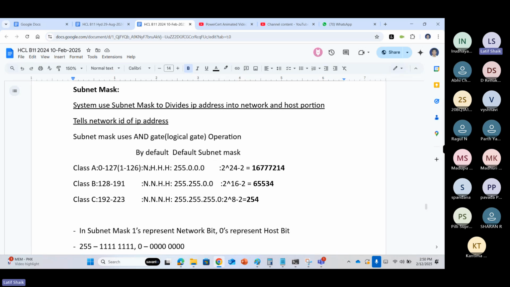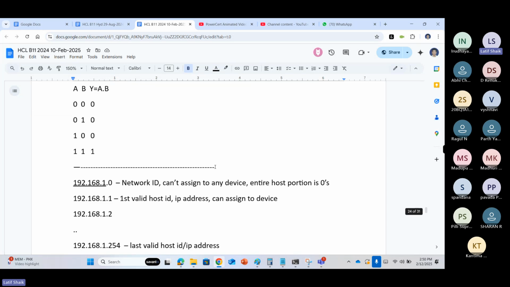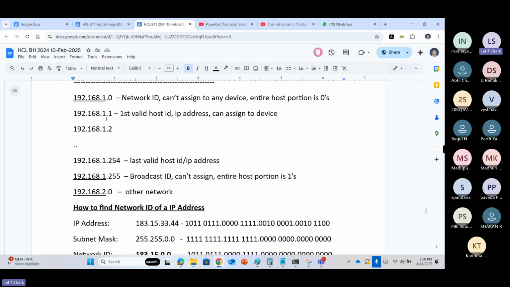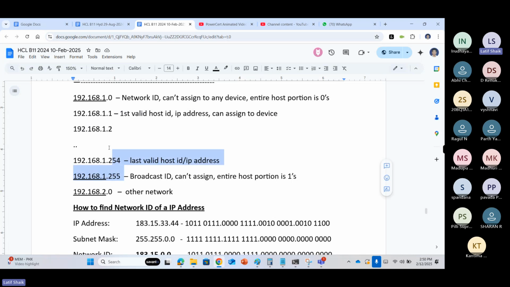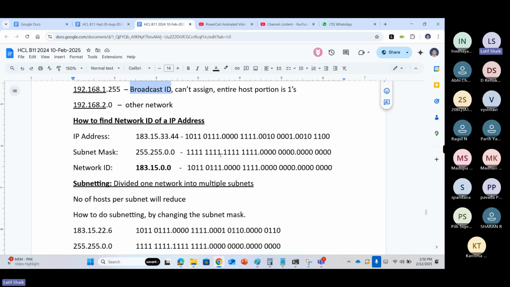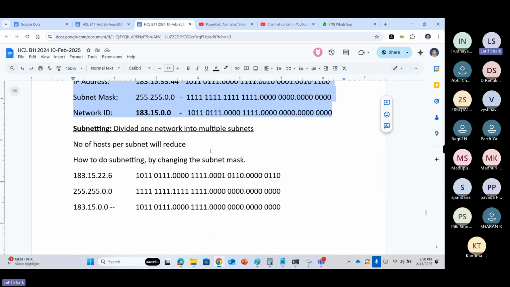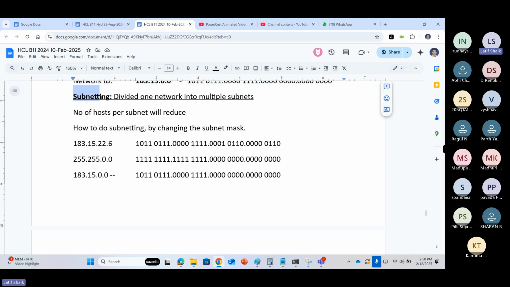Same network portion means two devices will communicate with each other. We also covered how the complete range of IP addresses looks, what the network ID is, what the broadcast ID is, and what the assignable IP addresses are. How to find the network ID of an IP address, and then what subnetting means.